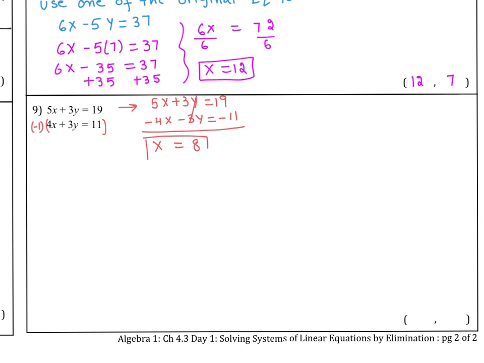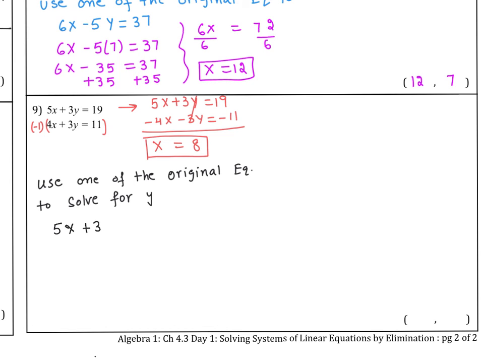Once you get the x value, you use one of the original equations. In this case, I'm using 5x plus 3y equals 19 to solve for y. I'm plugging in the x value 8 and solving for y. So I get 40 plus 3y equals 19.